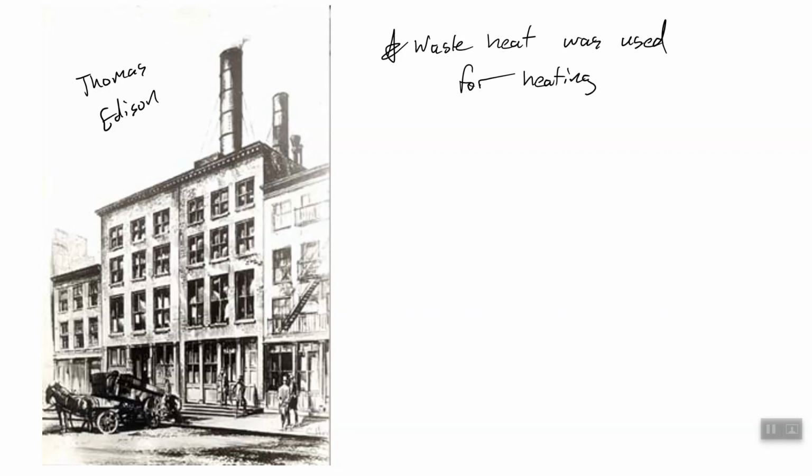And what happened? Well, as power plants got bigger, we had to put them further away, and now power plants are far away. So they are far from heating need. Where we need heat is in buildings, and where the power plants are is far away from all the buildings.